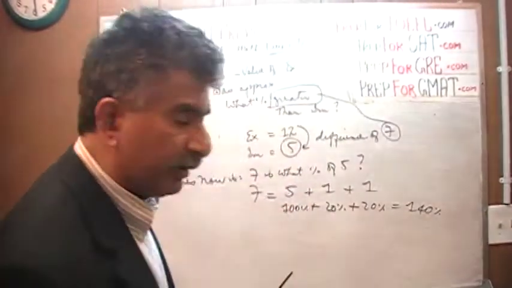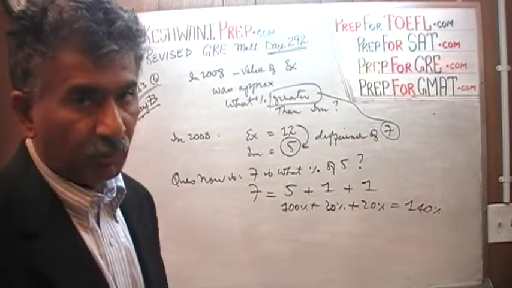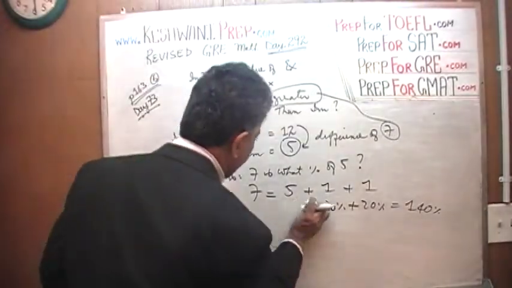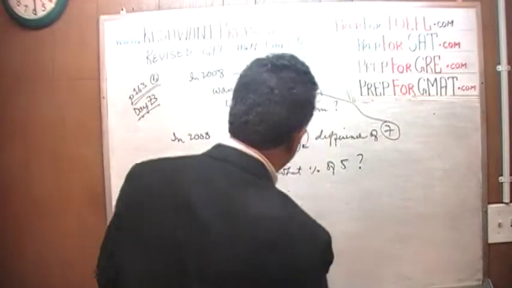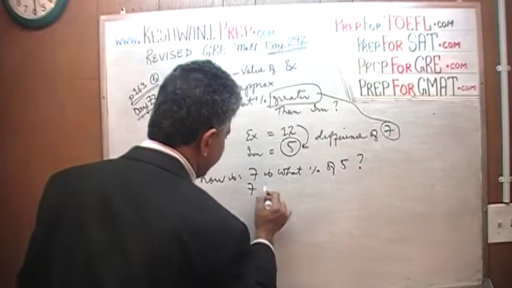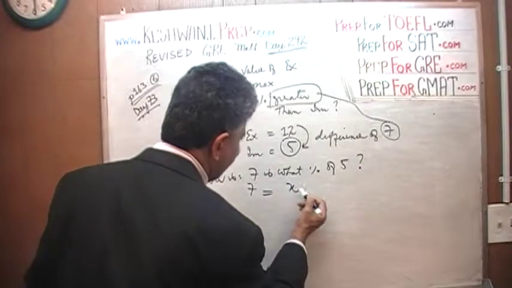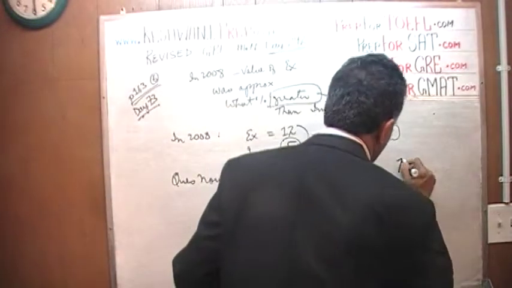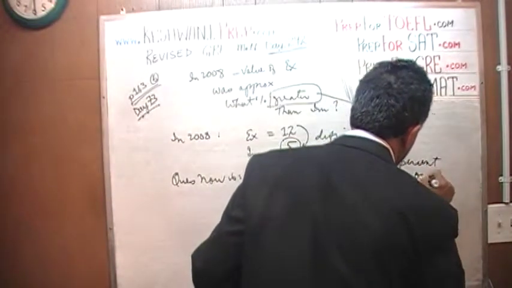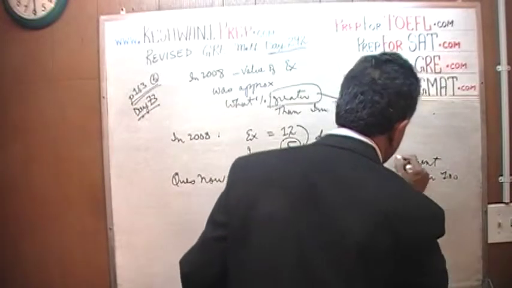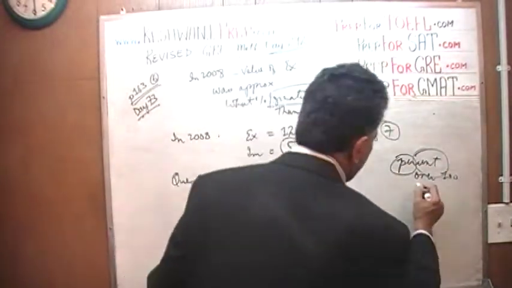Another way we could have gone about it is a more traditional way, which is to set it up as an equation, like this: 7 equals, what is our unknown, x percent, and percent means exactly per 100, over 100.